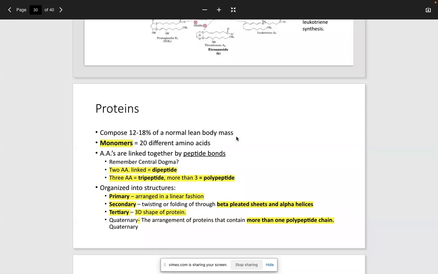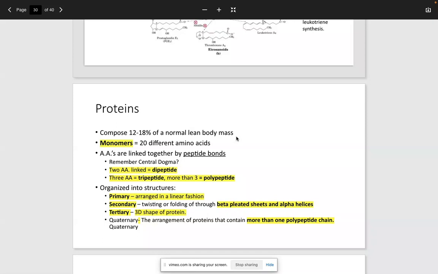If I said that a scientist was studying a protein and he noticed that it had a conformation of alpha, or had an alpha 1,4 glycosidic linkage, and it formed alpha helices because of this, which of the following protein structures was this most likely? Primary, secondary, tertiary, or quaternary? Because I give you the buzzword alpha helix, right? Because the alpha helix was forming, this was a secondary protein structure. So that's a way I could ask that in the future.